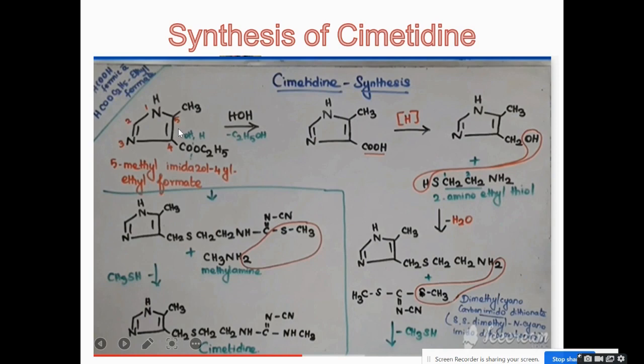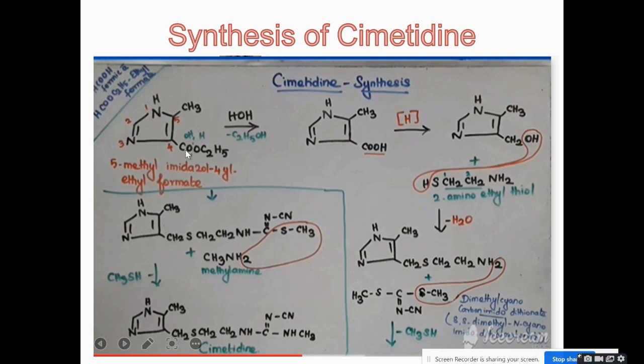Come to the main part of this video lecture series, that is synthesis. To start the synthesis of cimetidine, we have to understand the first chemical compound, the precursor of the reaction. The precursor or the starting material of this reaction is an imidazole derivative, which consists of a methyl group at the fifth position, and the fourth position consists of ethyl formate.